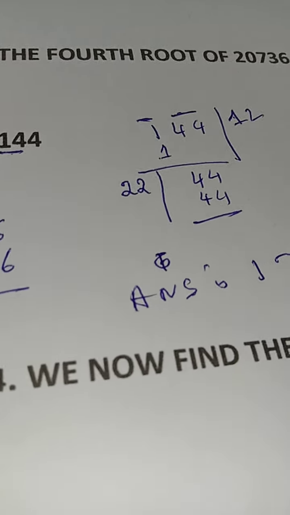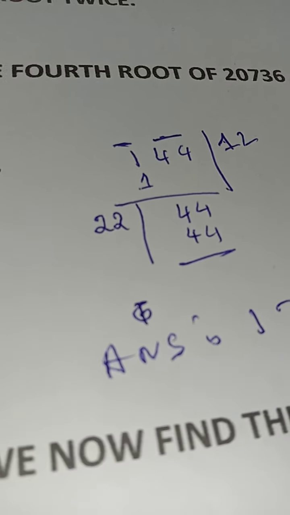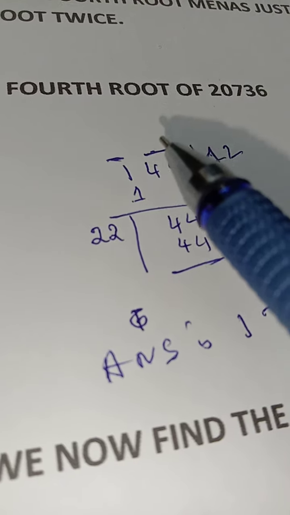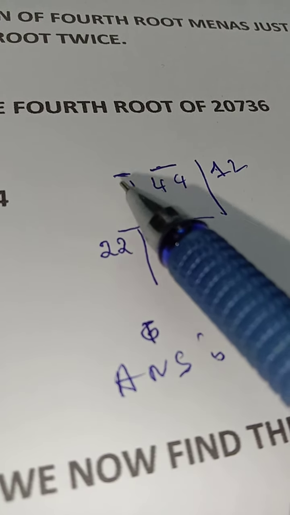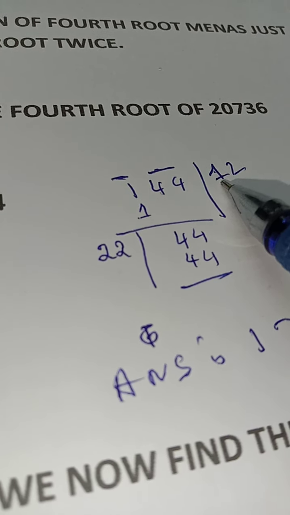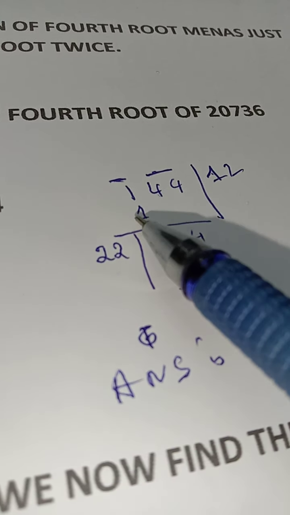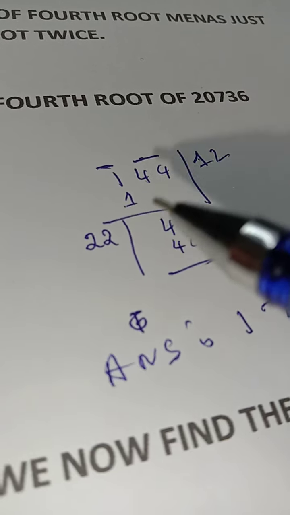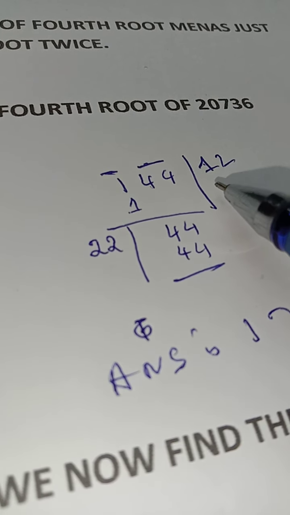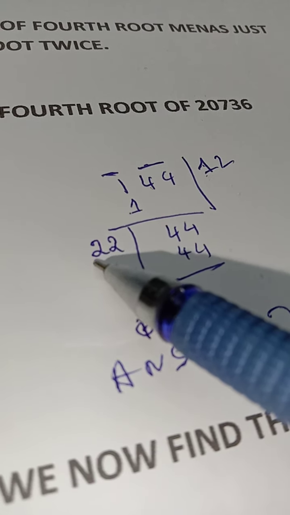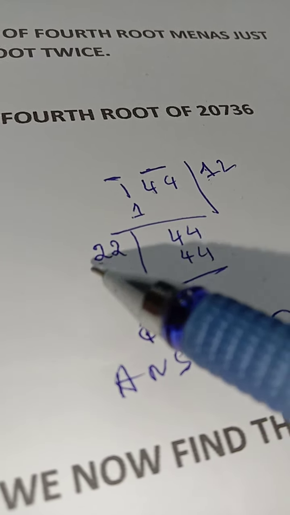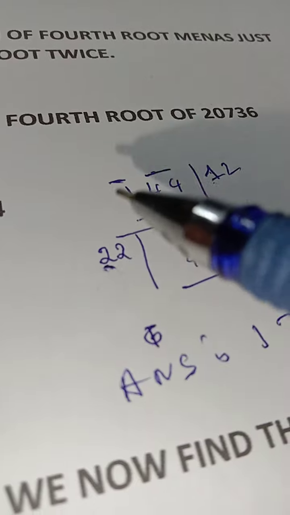You know the square root of 144 is 12, but we explain it the same way: pairwise mark 44. This is the lone number, no pair. So we must find a number which is as close as possible. Actually 1 squared is 1. And then, as the rule, you multiply this 1 by 2 and put it here. This is the number 2.